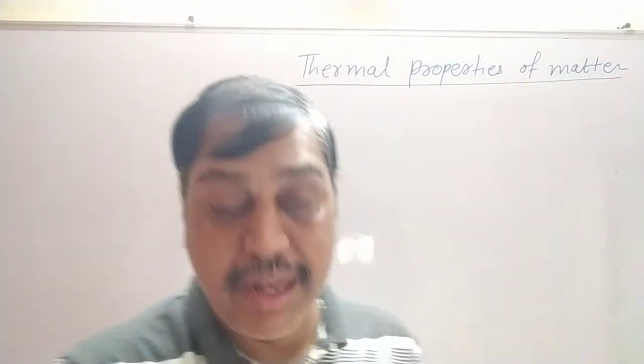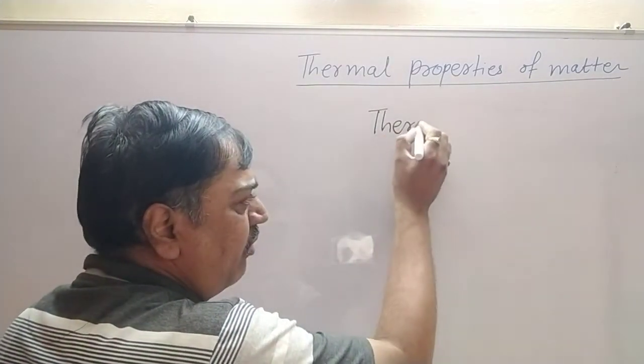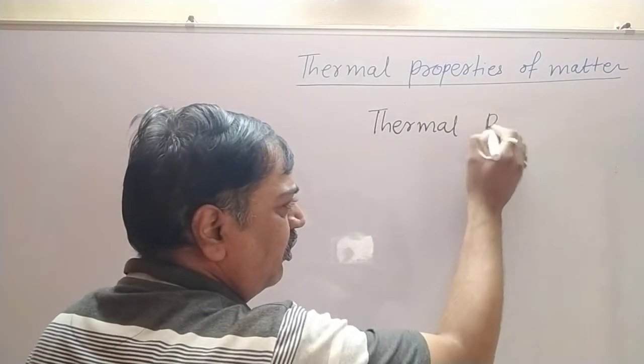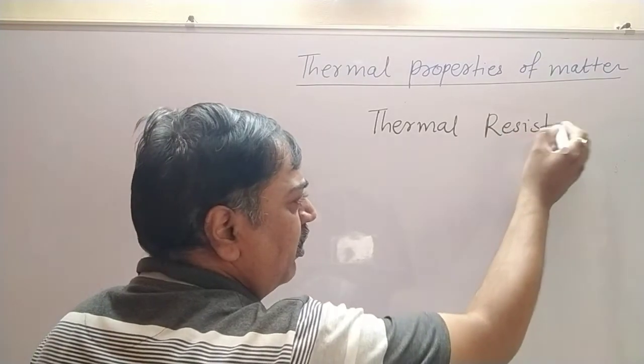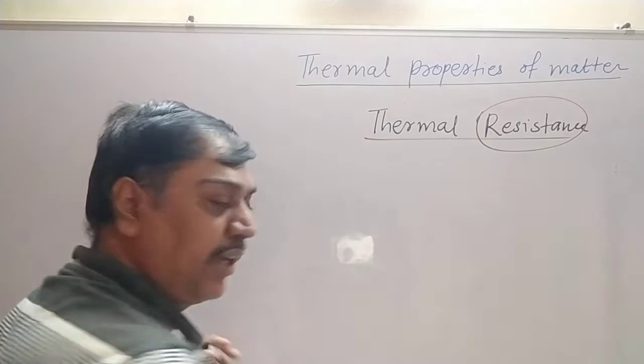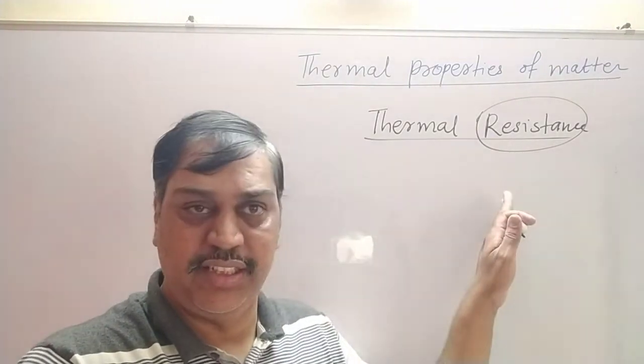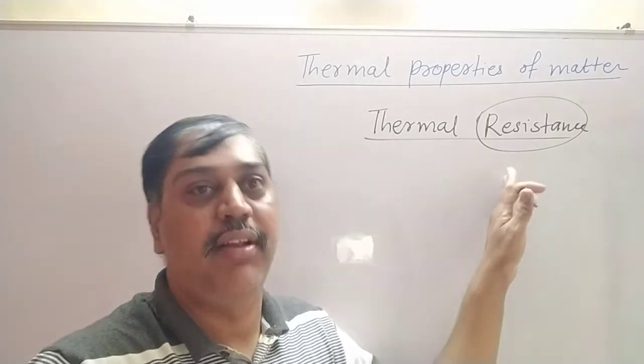Now the next topic of our syllabus is thermal resistance. What is meant by thermal resistance? Let's write it down. Resistance in an electrical circuit means opposition to flow of current. If there is more opposition, resistance is more.